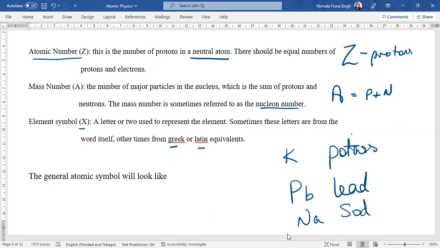So this is my little homework for you, not official homework, just for curiosity's sake: read up on why a few of them have different letters.